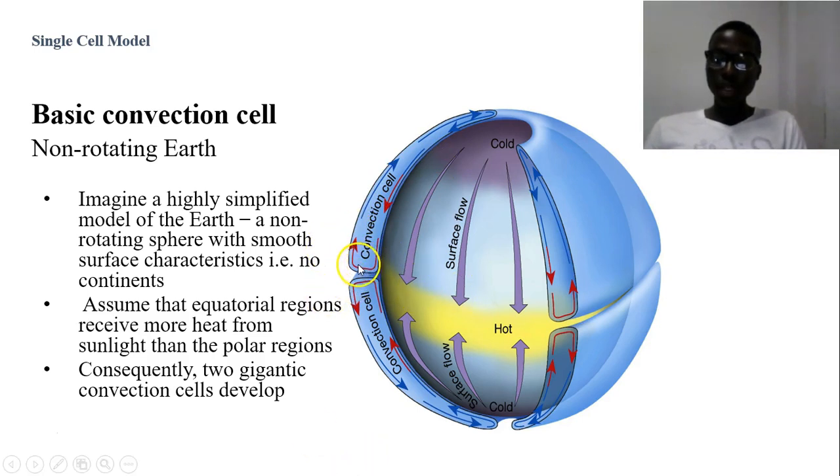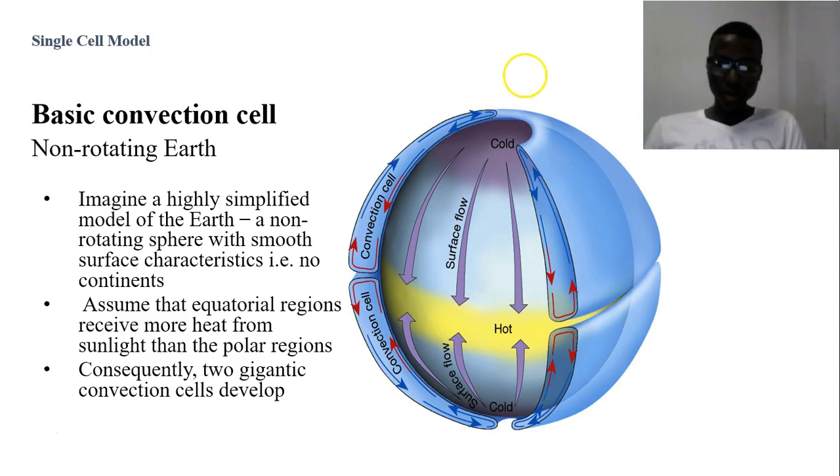But here, what happens is that the air will not just sink back. It will move towards the polar regions, where the conditions will be much colder because of the differences in insolation.